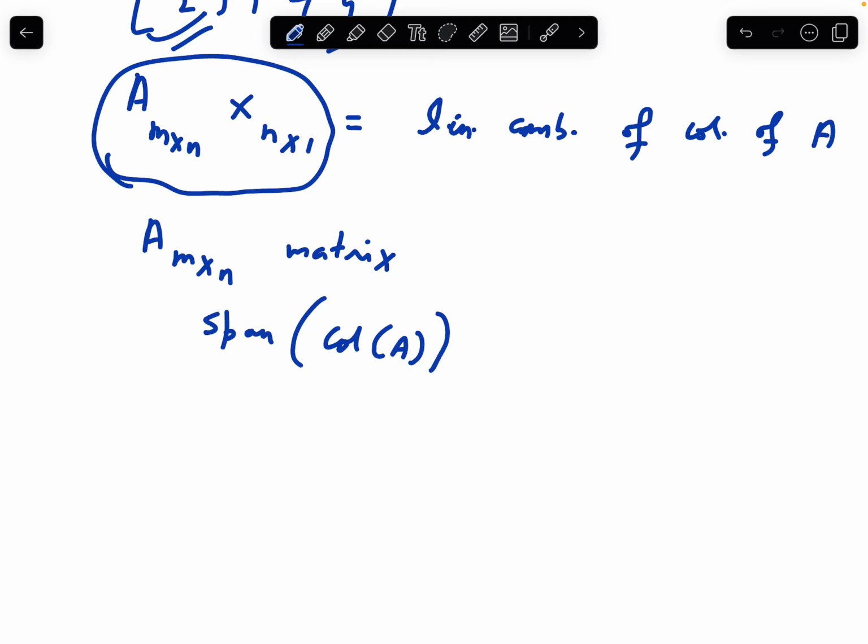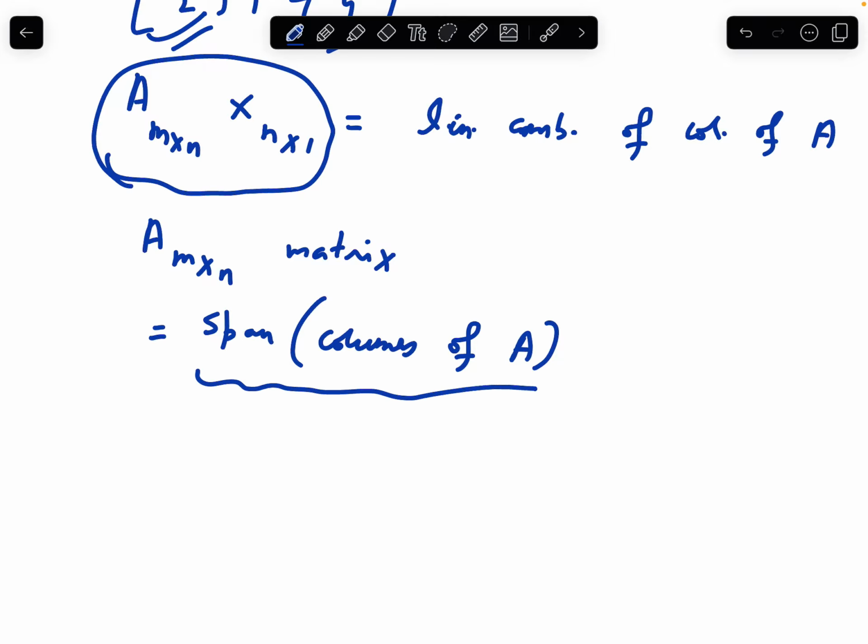So span is a vector space. So I'm taking span of columns of A. Okay, so this is a subspace of what vector space exactly?